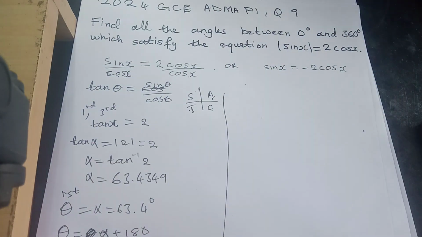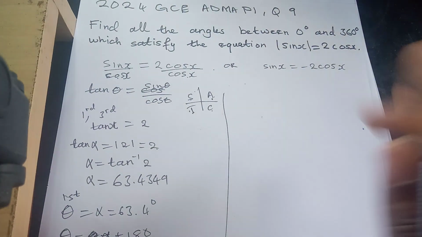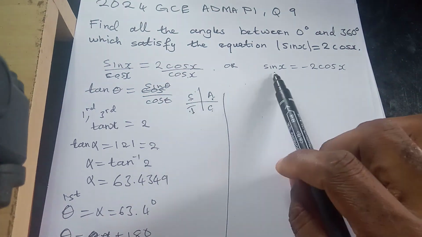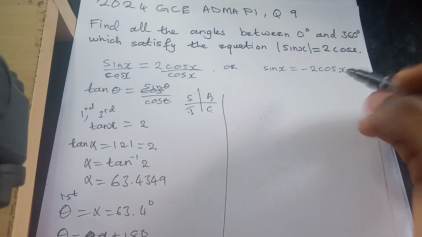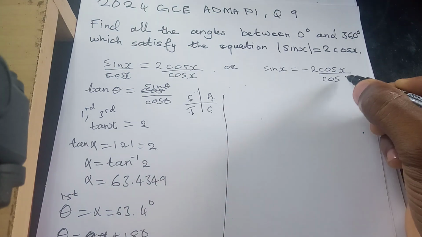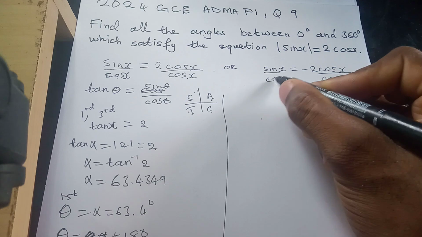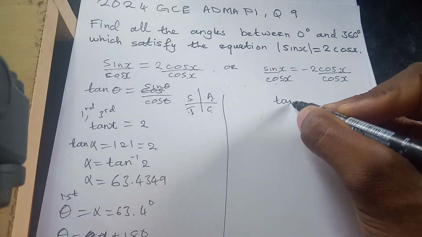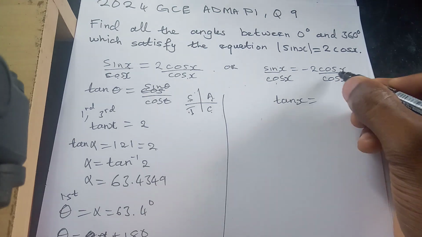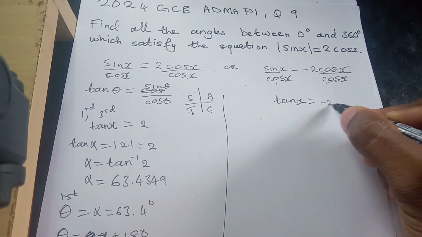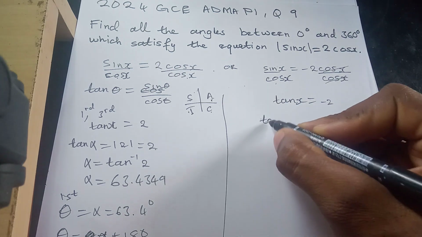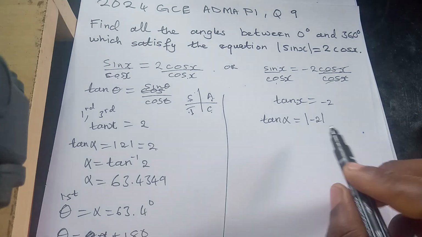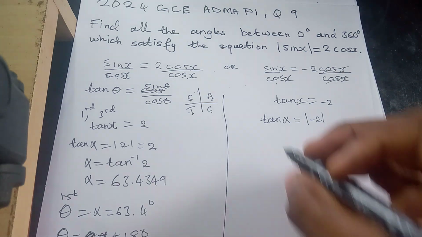We have to solve this one as well, and fortunately for us, the procedure is still the same. So you can divide both sides by cos x, so that you get a tan. So this one here will be tan x, then this and this will go, you remain with this. So as usual, you start by finding tan alpha, which is equal to the modulus of this.